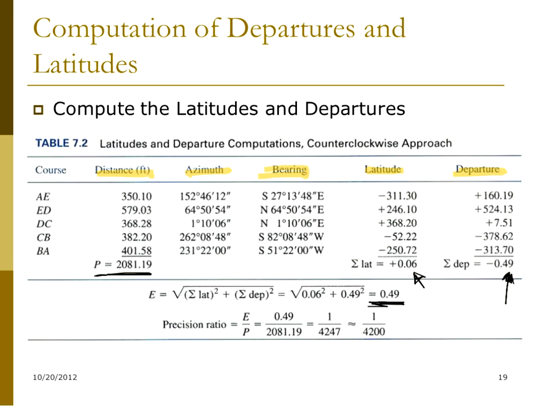There's the perimeter, the sum of all of the distances. Remember that you always want a 1 on top, and you'll round to the hundreds on the bottom. So how did we get from 0.49 divided by 2081 to 1 over 4247? Any guesses? How do you get from here to here?